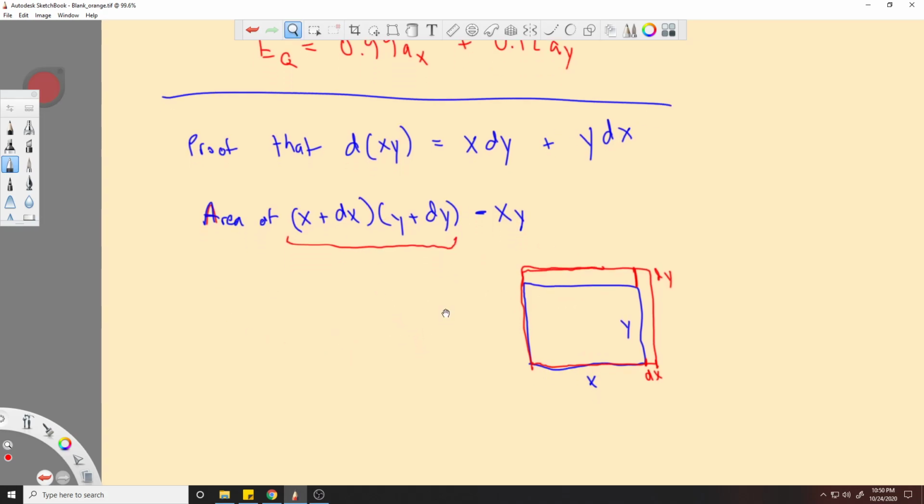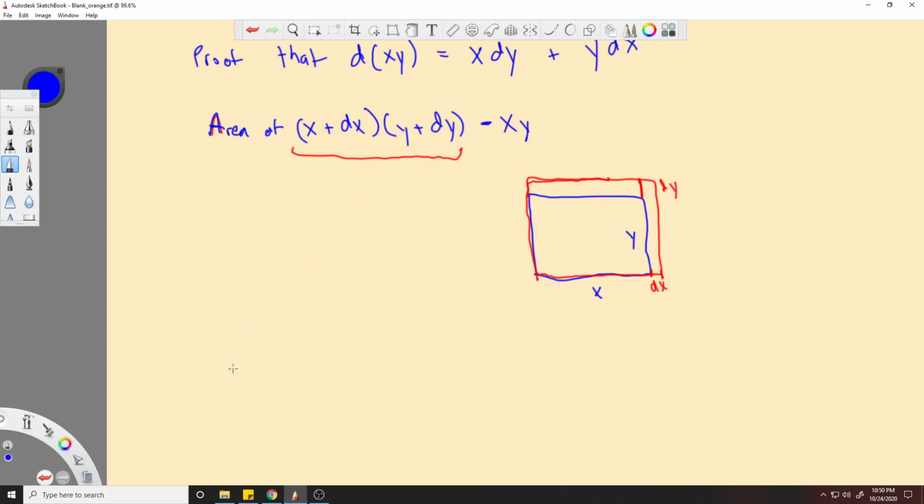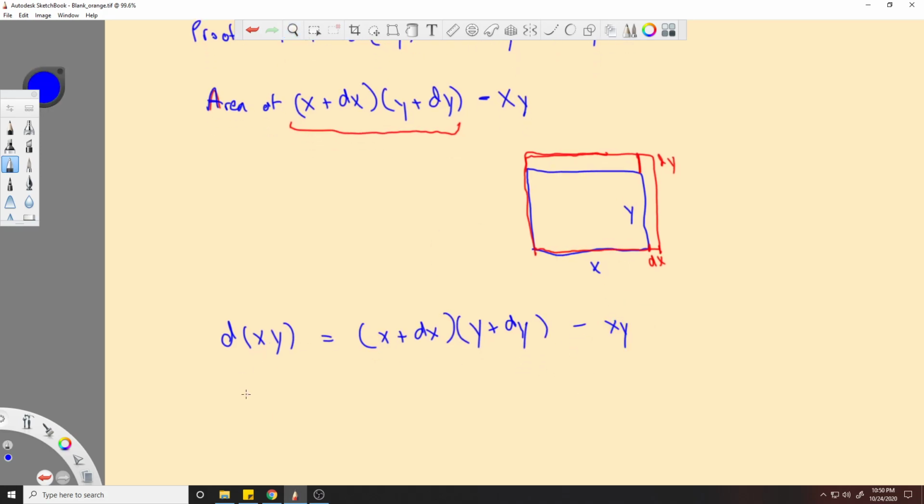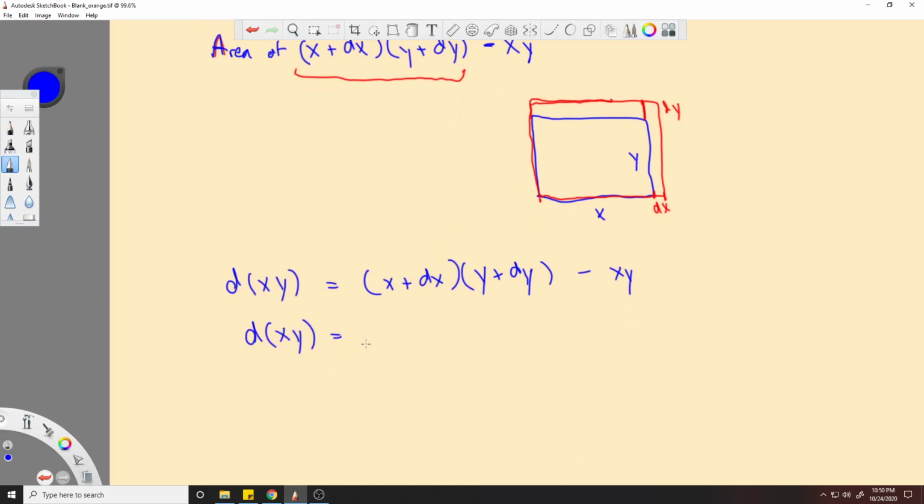So now we know that d(xy) is equal to x plus dx times y plus dy, minus xy. And now you can continue to evaluate this. xy plus y dx plus x dy plus dx dy, I'd say.